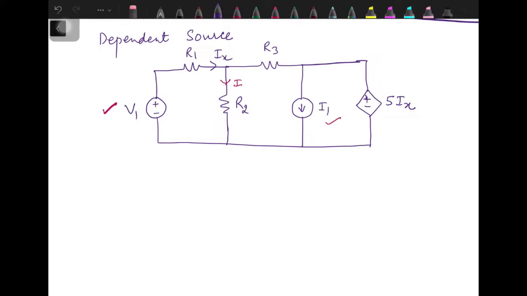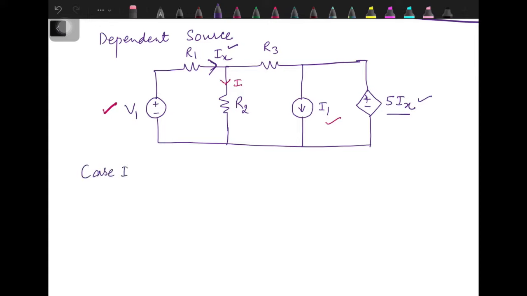In both the cases, this dependent source will remain as it is. The only difference will be that as there is change in circuit, there will be a change in current Ix. That has to be reflected over here. Now let's understand how to proceed in the problem using superposition theorem if we have a dependent source in the circuit.